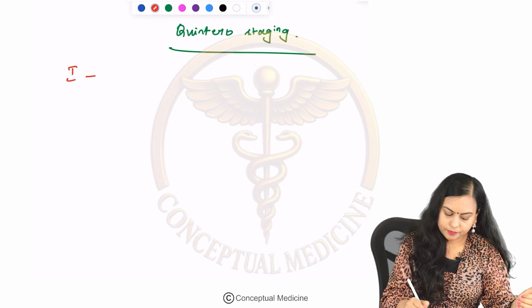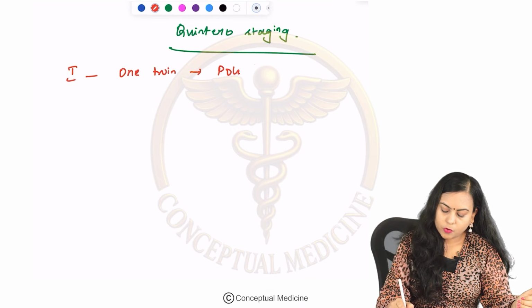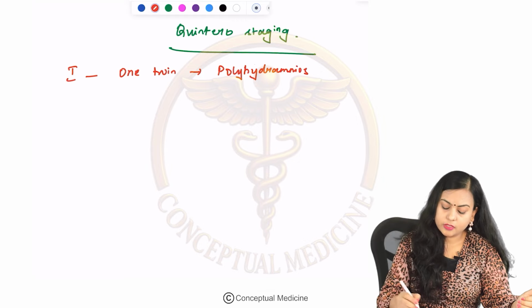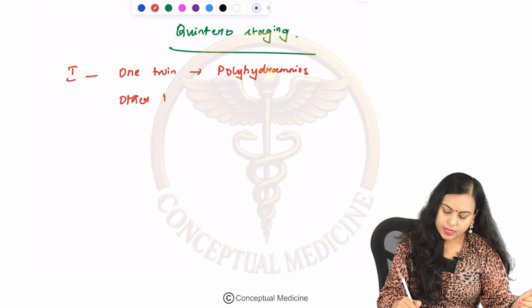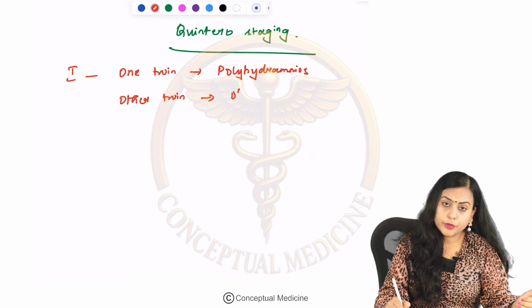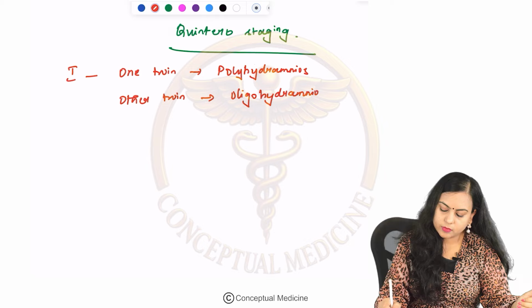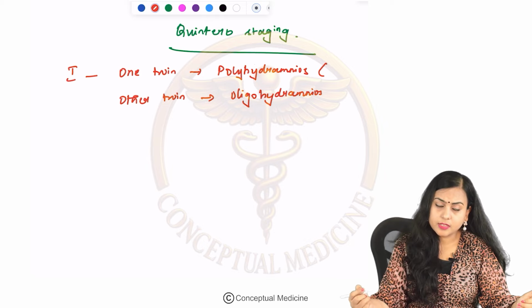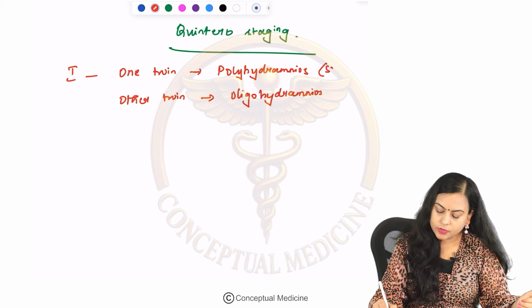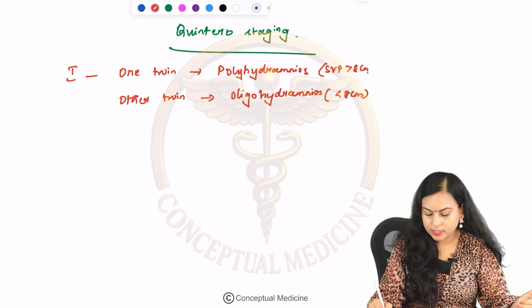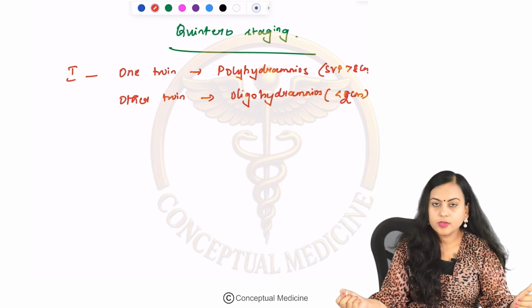In stage 1, one twin will have polyhydramnios and the other twin will have oligohydramnios. That means if you take single vertical pocket, then it is going to be more than 8 centimeter, and here it will be less than 2 centimeter, right? So this one we have to know.